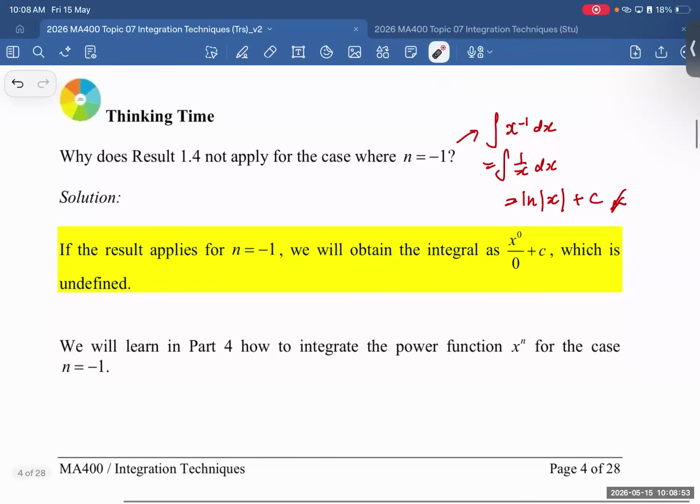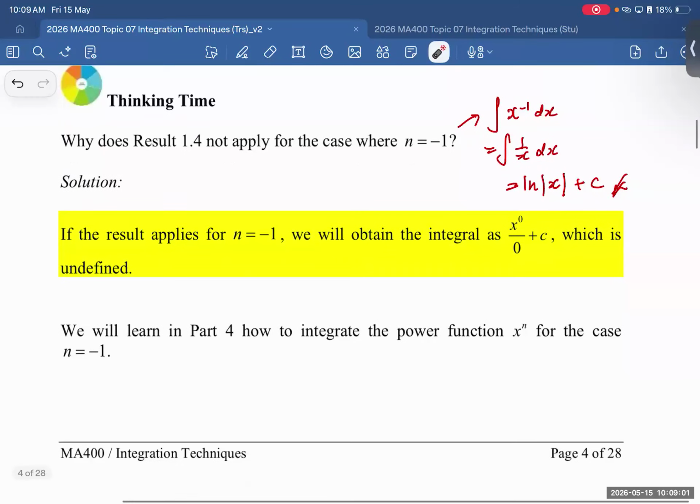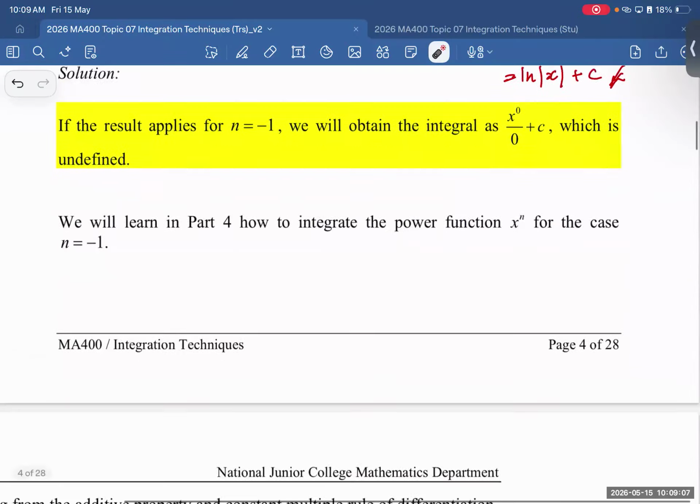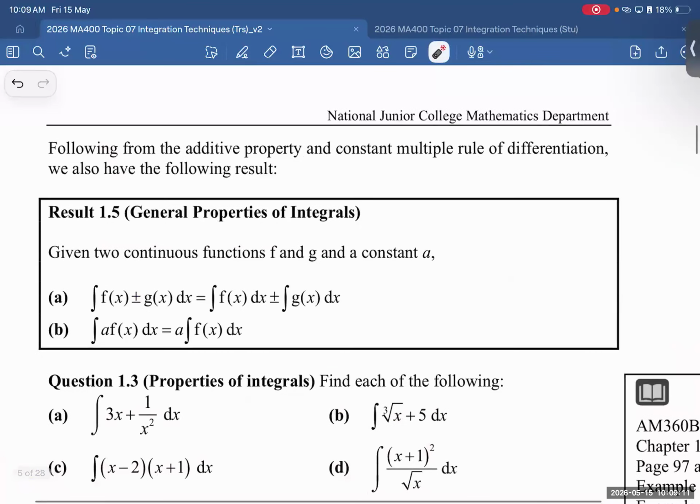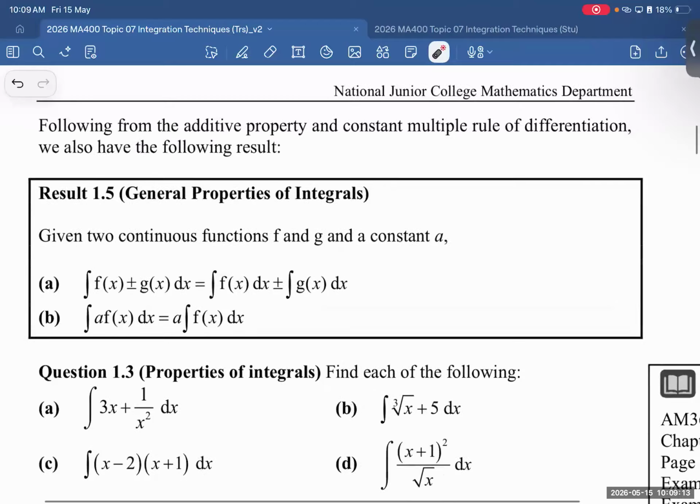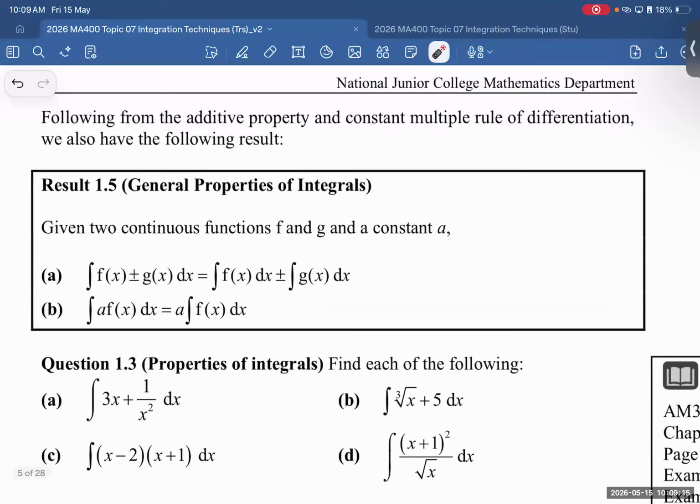If you're okay, can I ask you to try question 1.3? Before you look at it, the result says the sum of my integral is the same as the integral of a sum.